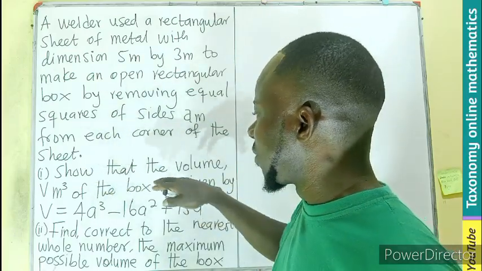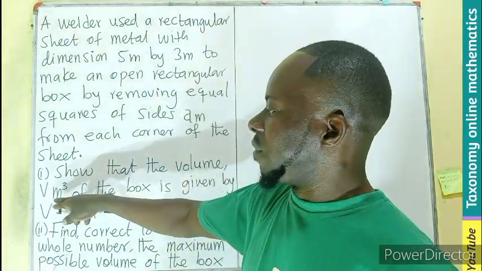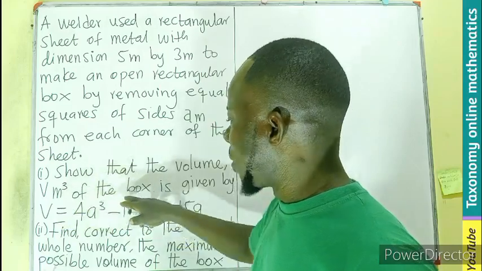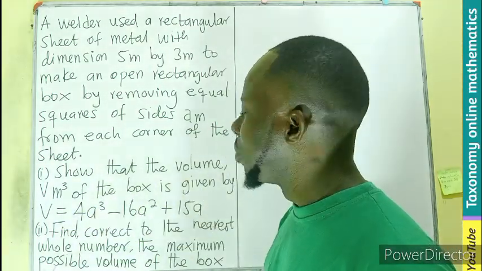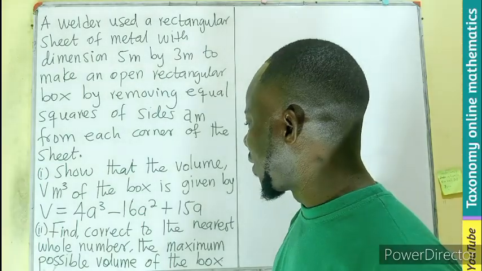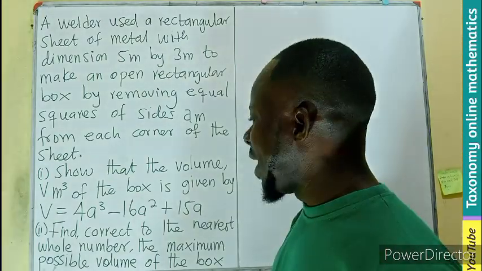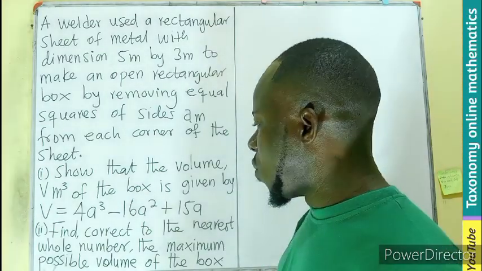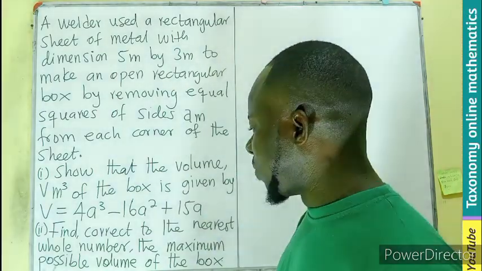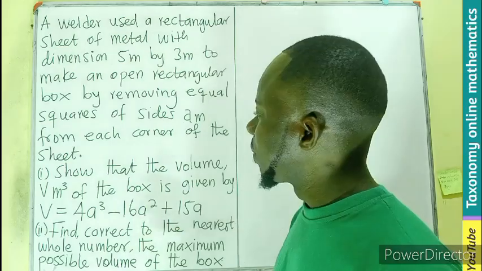We have to show that the volume, V meters cubed, of the box is given by V equals 4a cubed minus 16a squared plus 15a. Then, in part B, we have to find, correct to the nearest whole number, the maximum possible volume of the box.